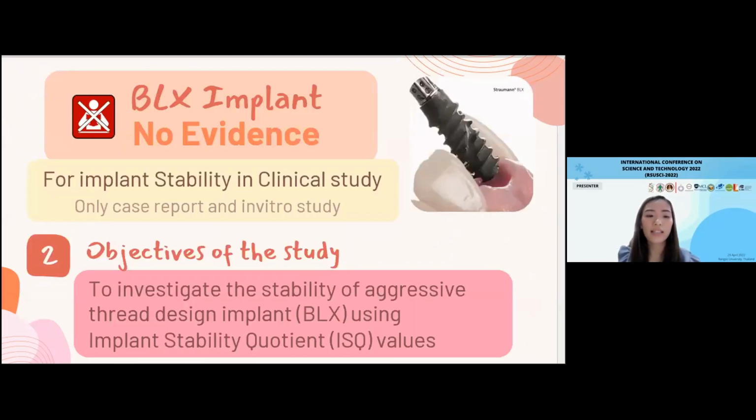However, there is no evidence of BLX stability in clinical studies. The studies about BLX are published as case reports and in vitro studies. Therefore, our study investigates the stability of the aggressive thread design implant BLX using implant stability quotient values.